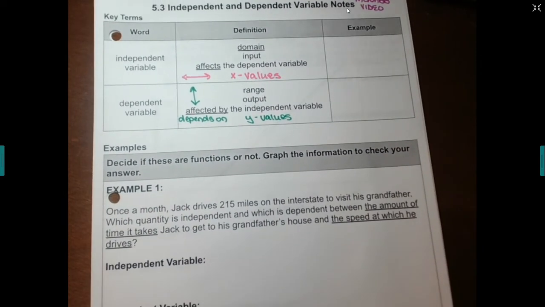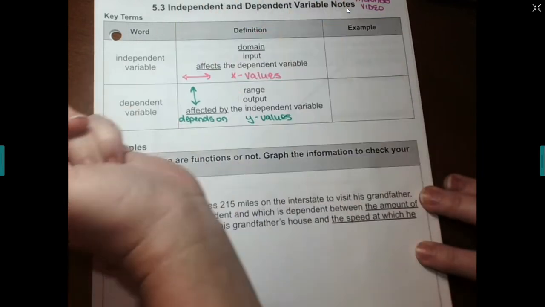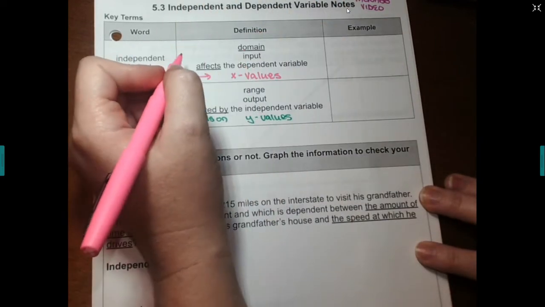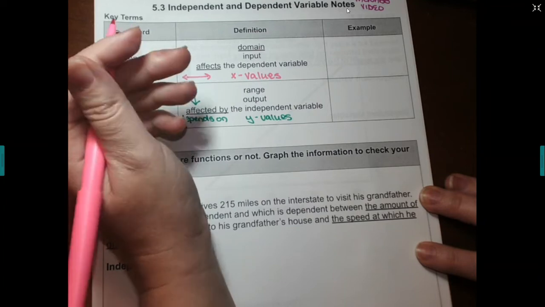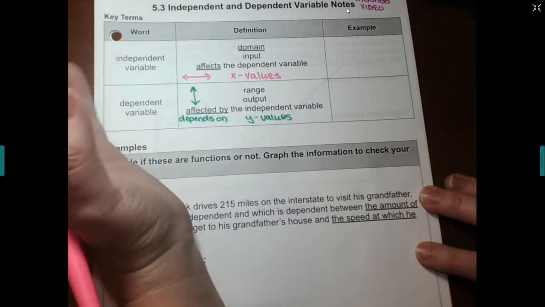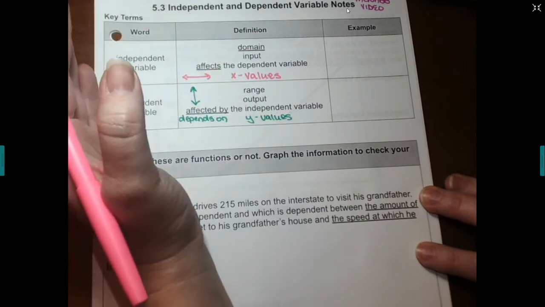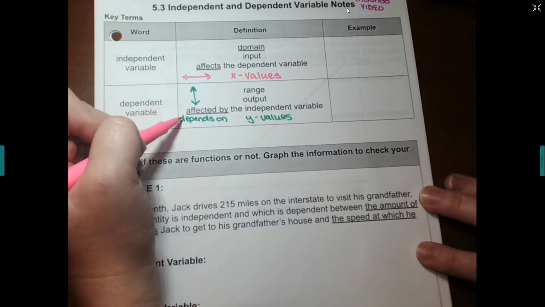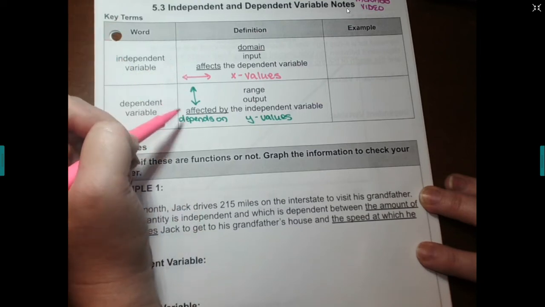Okay, so let's think of a really easy example, I think, for this one, which is to think about the weather outside. The independent variable is kind of, it just changes. Whatever it is, it affects things that we do, correct?